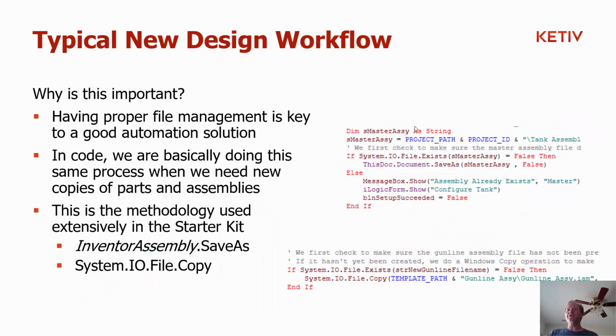So first of all, for an automation solution, you want to have good file management. You know, I've seen solutions that have been created in the past that have not used good file management techniques, and they end up recopying the same file hundreds, if not even thousands of times.